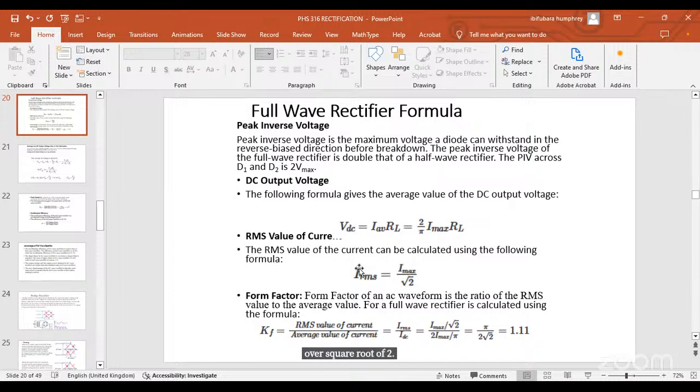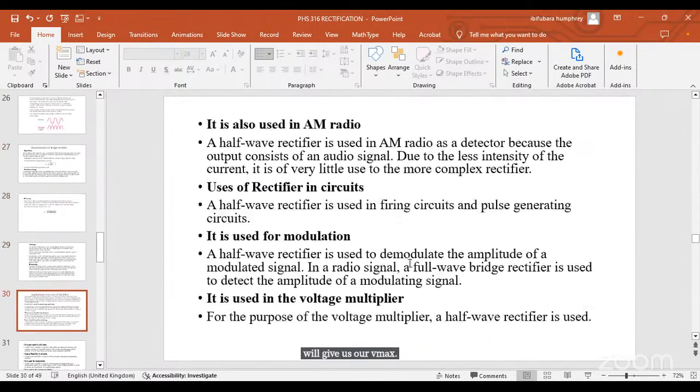So we are given the voltage Vrms, which is 230. We need to convert it to Vmax to be able to find the secondary voltage. So Vrms times square root of 2 will give us our Vmax. So that is what is done here.